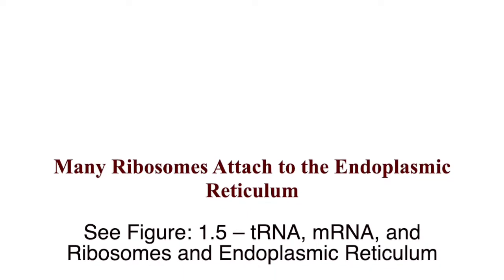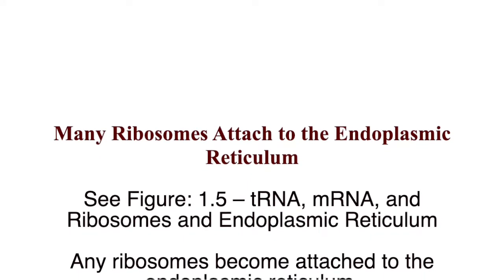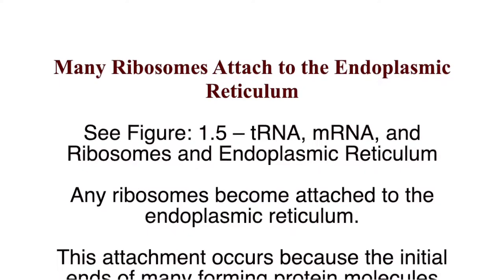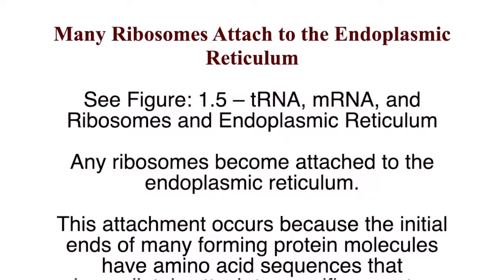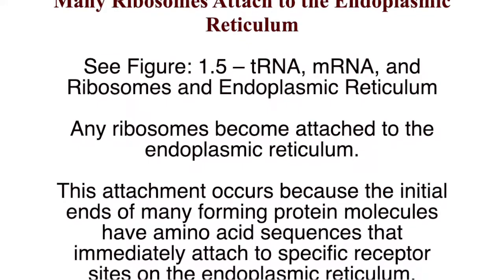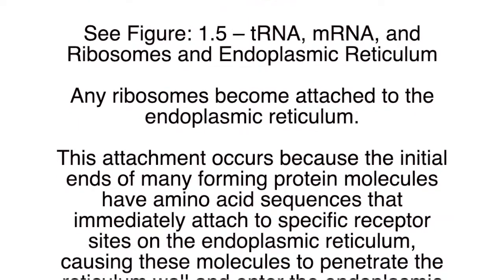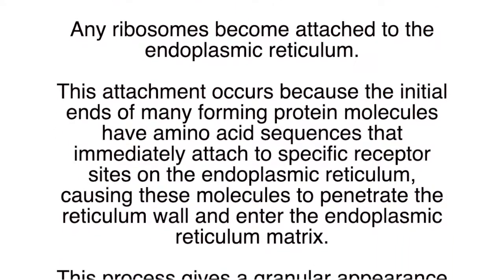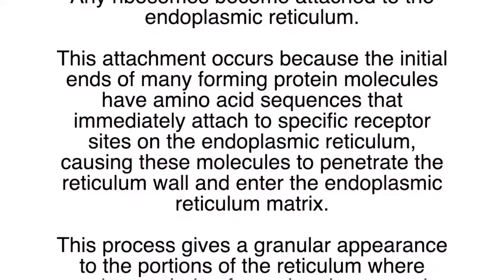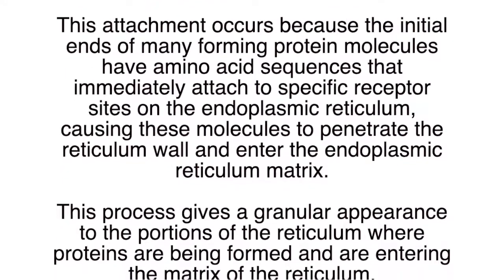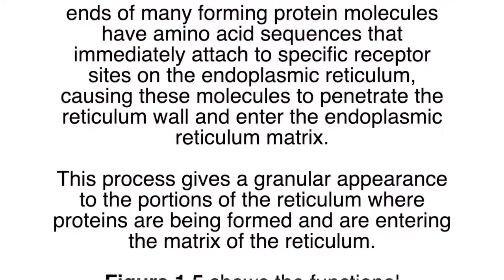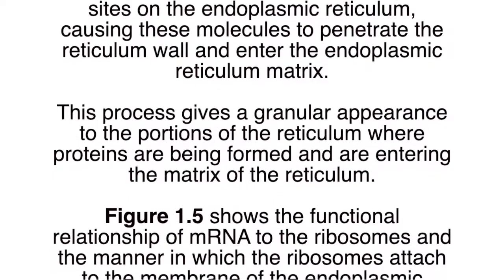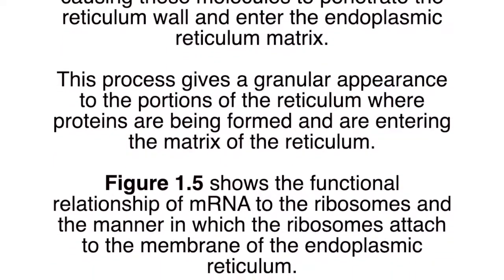This attachment occurs because the initial ends of many forming protein molecules have amino acid sequences that immediately attach to specific receptor sites on the endoplasmic reticulum, causing these molecules to penetrate the reticulum wall and enter the endoplasmic reticulum matrix. This process gives a granular appearance to the portions of the reticulum where proteins are being formed and are entering the matrix of the reticulum.